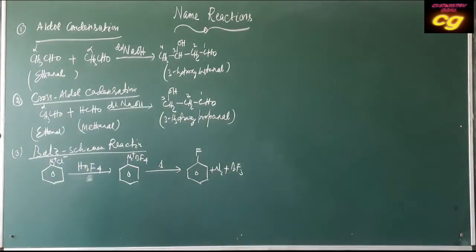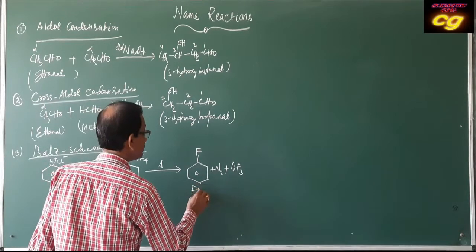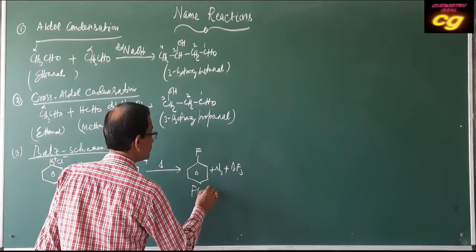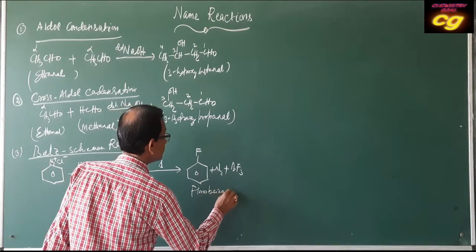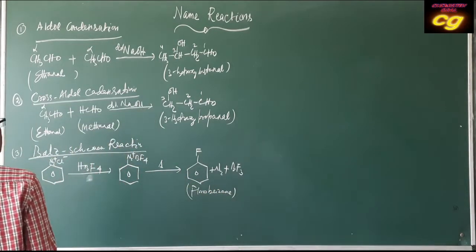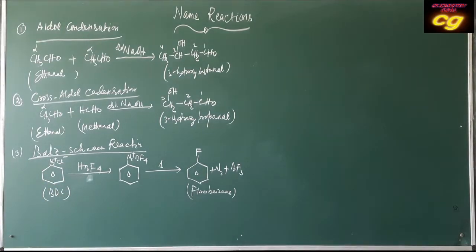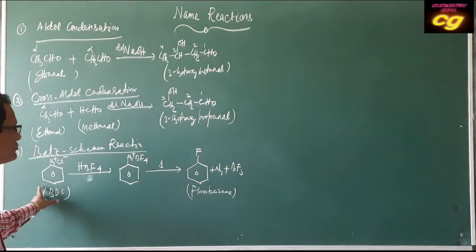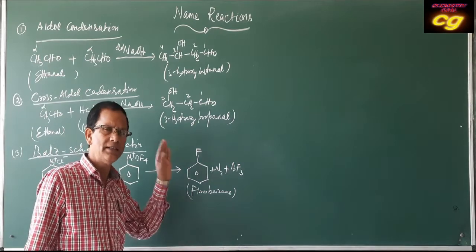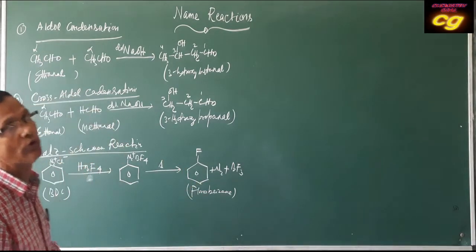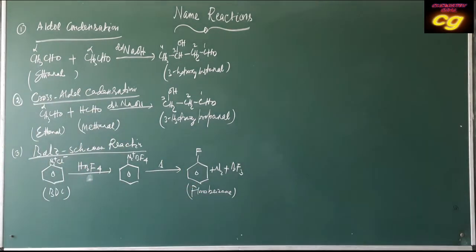That is called fluorobenzene, from your BDC. What is BDC? Benzene diazonium chloride. So this reaction is called the Balz-Schiemann reaction: formation of fluorobenzene from a diazonium salt, and it is specific only to the preparation of fluorocompounds, like fluorobenzene. That is called the Balz-Schiemann reaction.